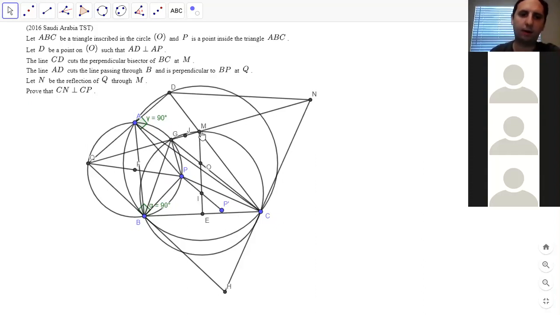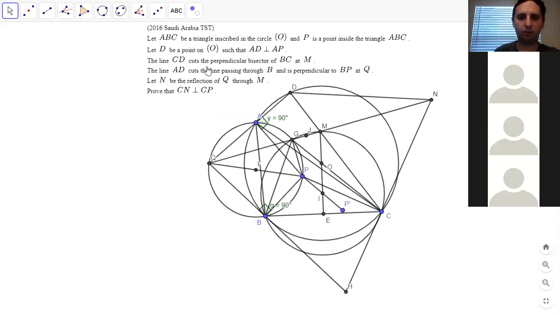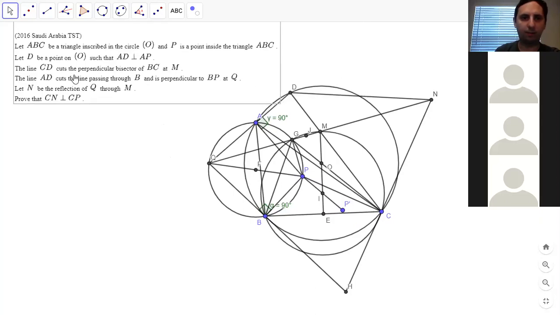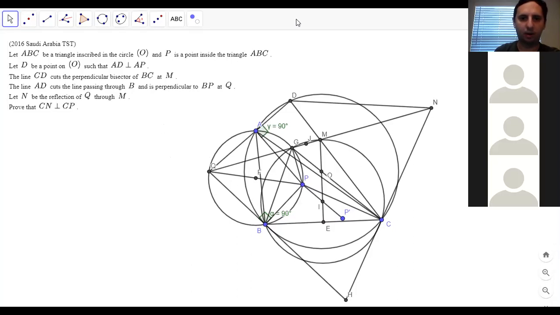So if we could show that M lies on it, then that would mean PC has to be perpendicular. But if we use the fact that isogonal conjugates have the same pedal circle, we can avoid an angle chase. So I'm gonna type this up. So I define P prime as a reflection of P over the center of this circle BGMC.